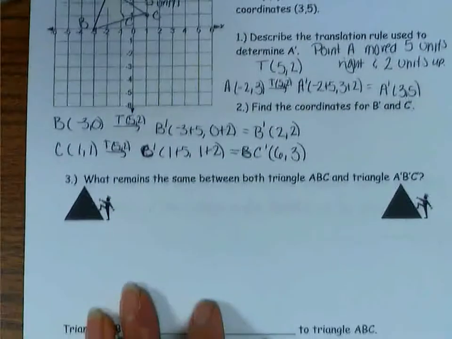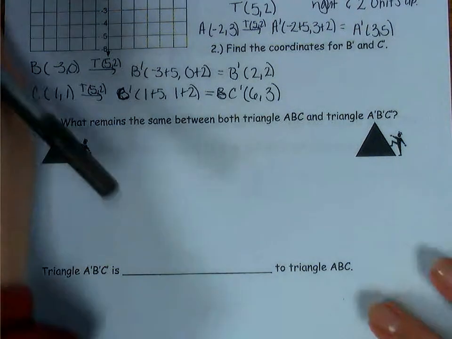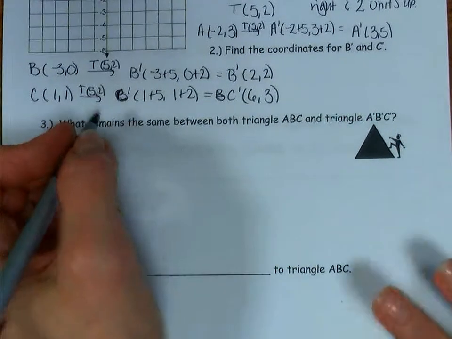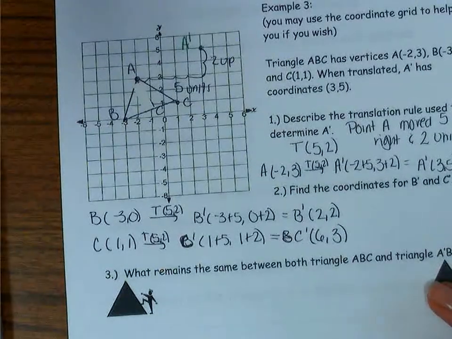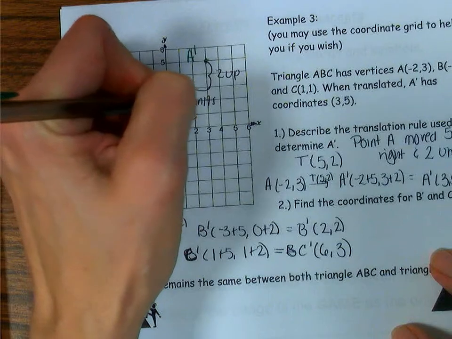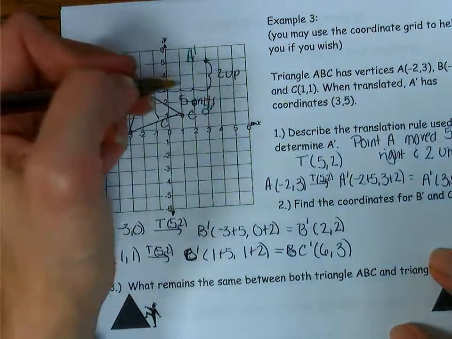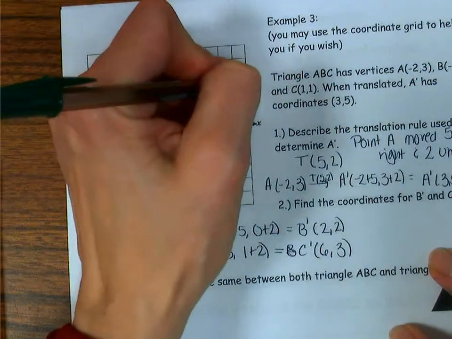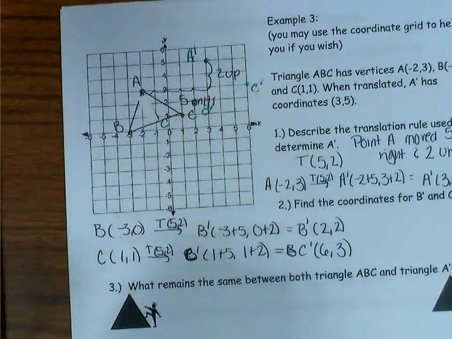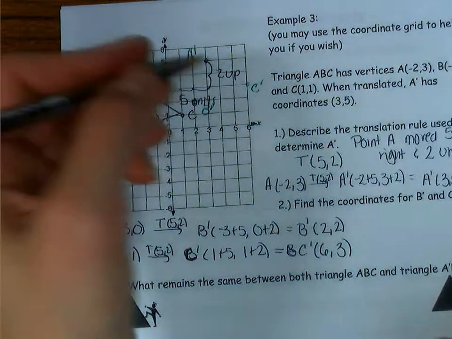So now let's take a look at what remains the same between triangle ABC and A prime, B prime, C prime. If we want, we can draw that image in so we can get a better look. So this is going to be (2, 2). This is my B prime in green. And C prime is (6, 3). We're going to draw that in using a straight edge.